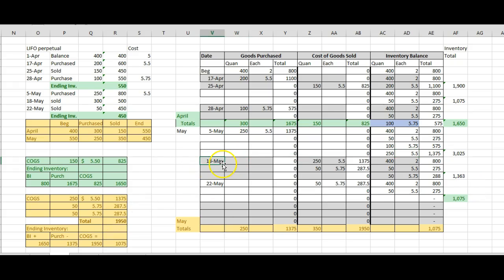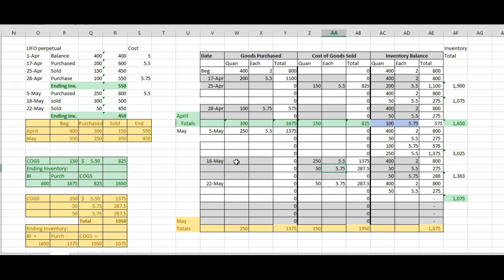On May 18th, I sold 350. That's this one right here. Now, if I look at this, can't get 300 out of that layer, so I'm going to obliterate that whole layer. It's going to be 250 at 550. Then I'm going to take 50 out of this layer, so I've got 50 at 575. And that gets added to our cost of goods sold.